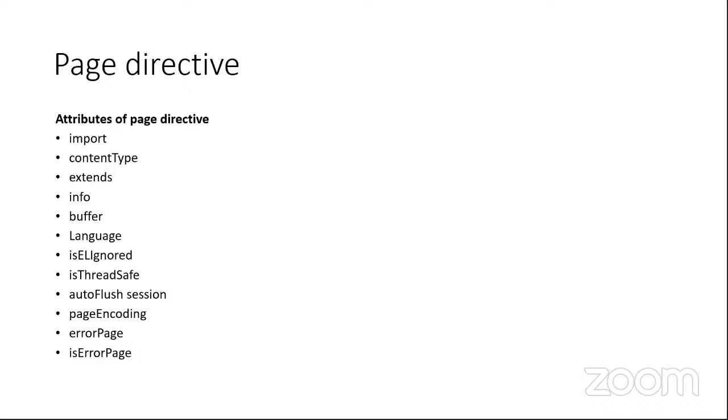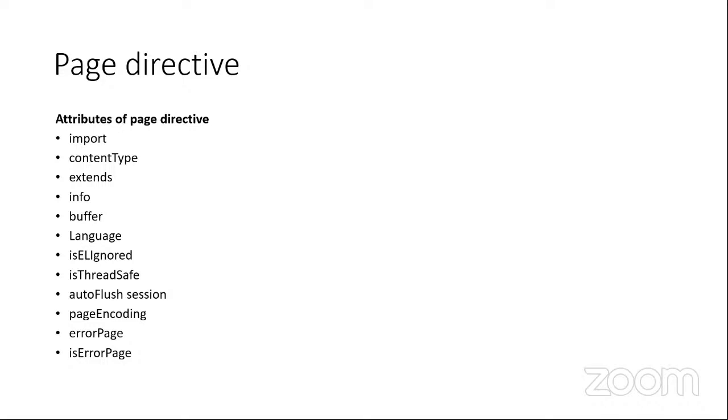Content type defines what kind of outcome we are going to give to the client or the user. We set which type we are going to return, either HTML, XML, Excel, or PDF format.